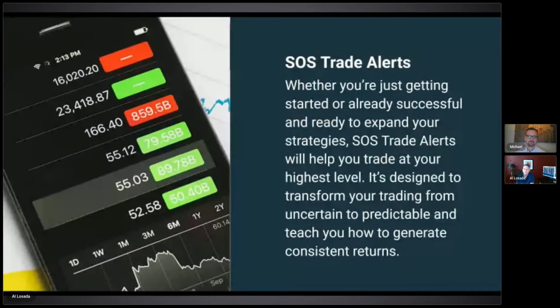Whether you're just getting started or already successful, you can expand your strategies with what Michael's doing, and he makes a ton of money. I have never seen this kind of trading before, with the ability that he has. So we're really happy that he's with us, and hopefully we'll be with him for a long, long time.